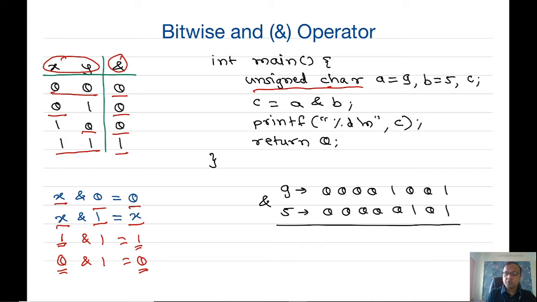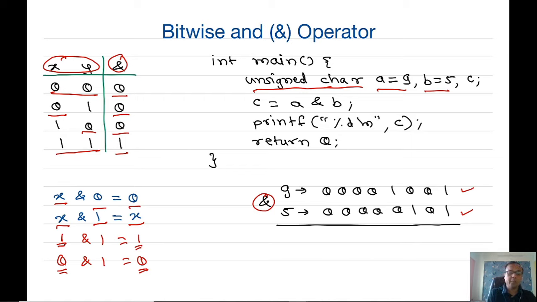Going ahead, the first number is, let's say, 9, and the second number is 5. I believe you know 9's bitwise pattern, and 5's bitwise pattern is 101. Doing a bitwise AND operation, we just need to go bit by bit.